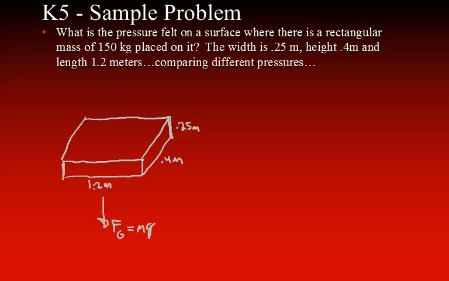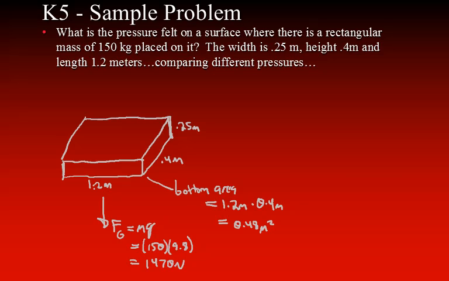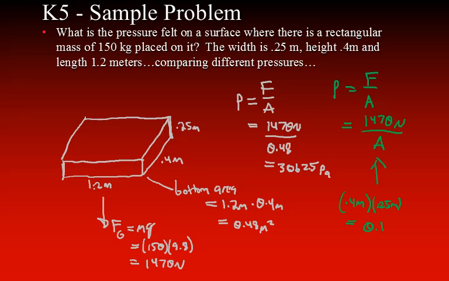All right, so we got the force of gravity, 1,470 newtons. And so the bottom area, if we had it laid flat like this, 1.2 meters by 0.4, that's the area. So the pressure of that would be 3,062.5. And we could compare that to if we had it on its side of 0.4 by 0.25, right? The 0.4 by 0.25 side, this side right here.